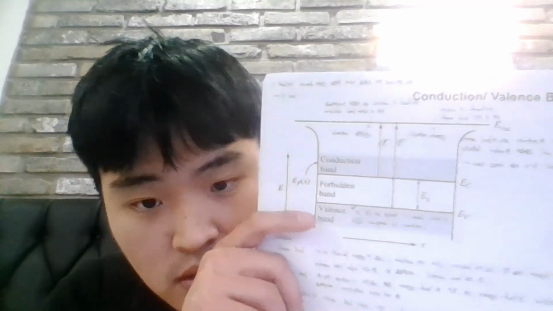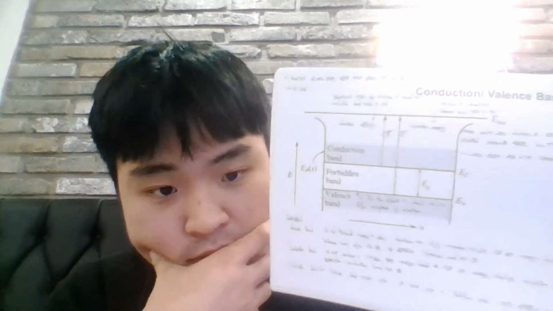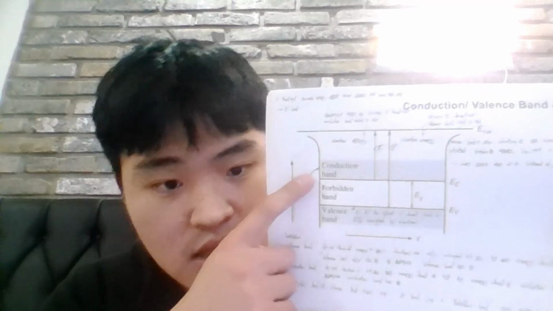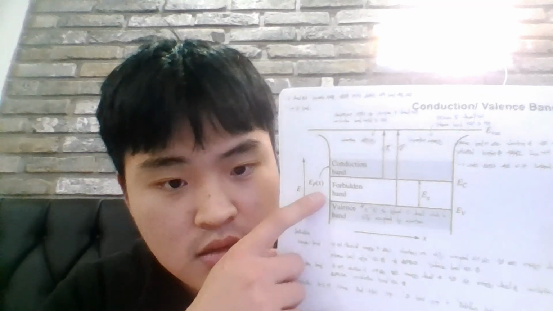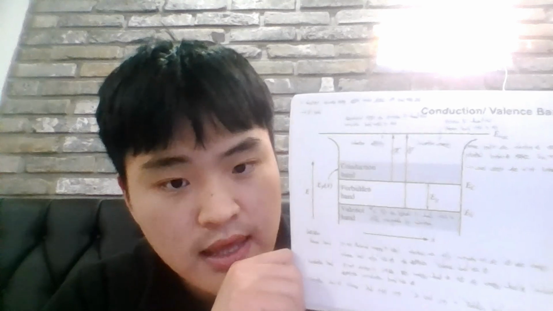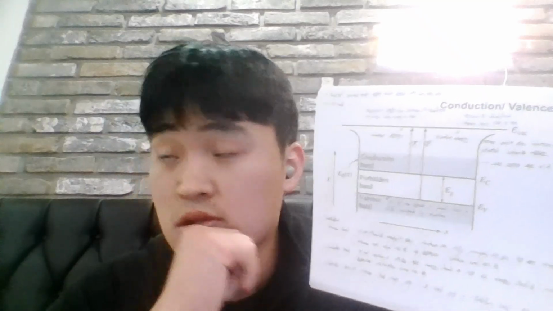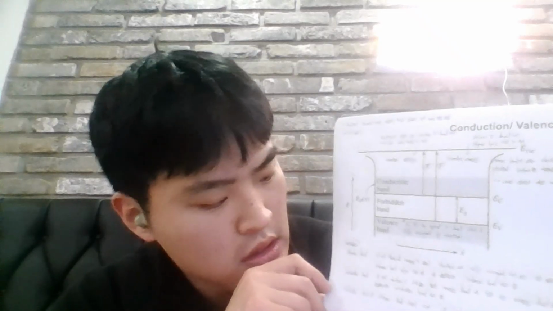So we're gonna talk about the energy bands with the new material. There are a lot of concepts in here. There's a conduction band and forbidden band, also called energy band gap, and the valence band. So let's talk about the definitions of those concepts.